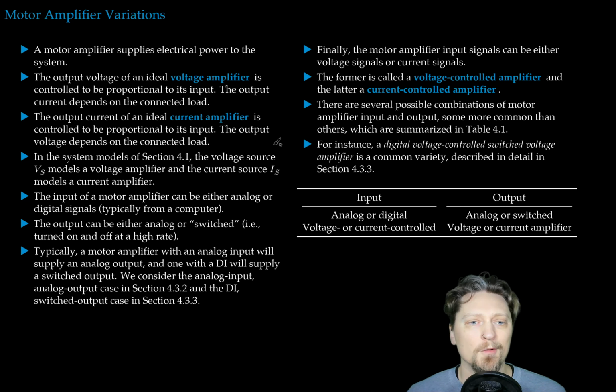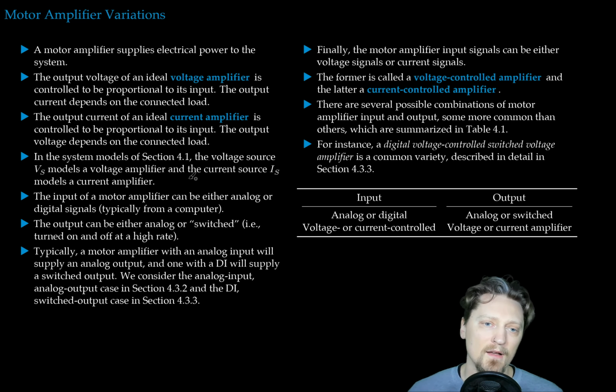The output voltage depends on the connected load. In the system models of section 4.1, the voltage source, Vs, models a voltage amplifier, and the current source, Is, models a current amplifier.